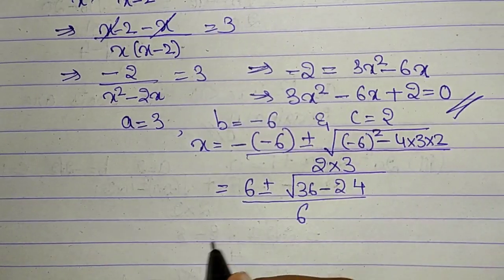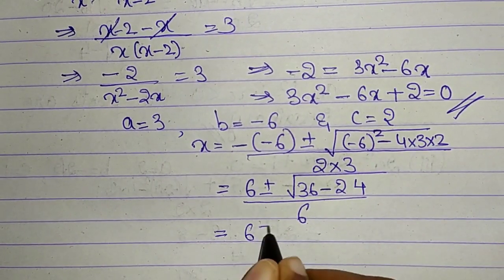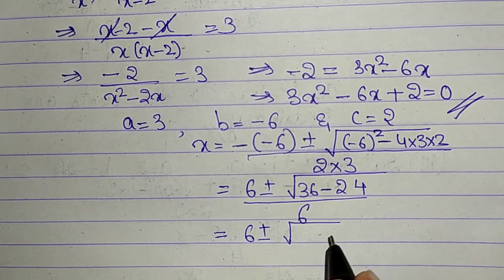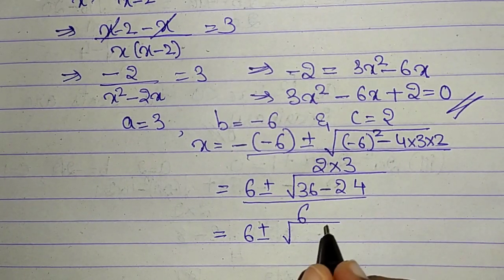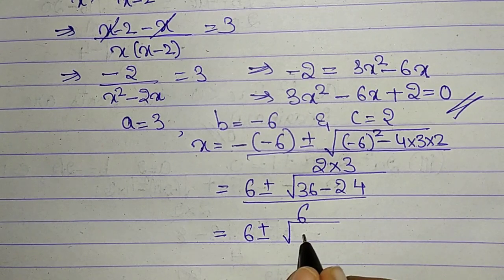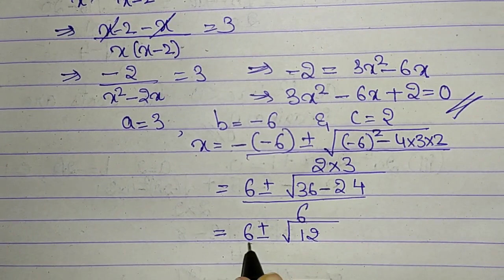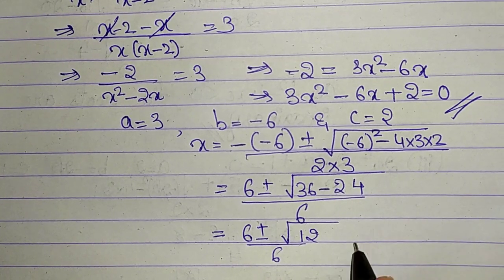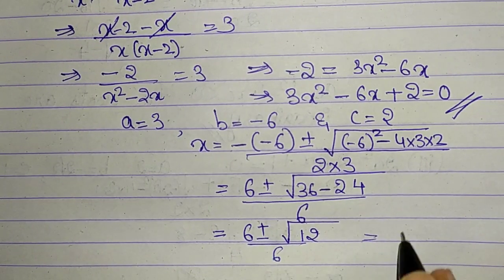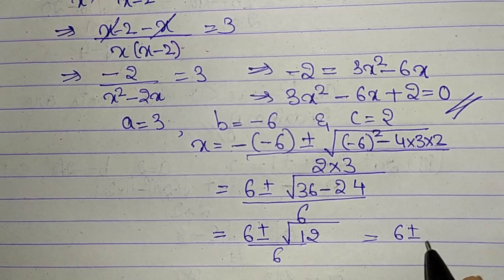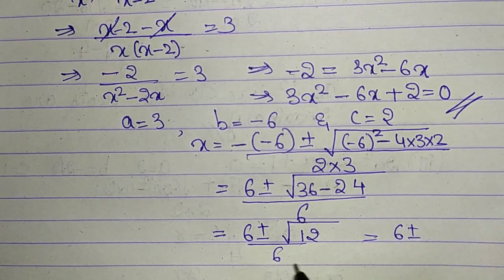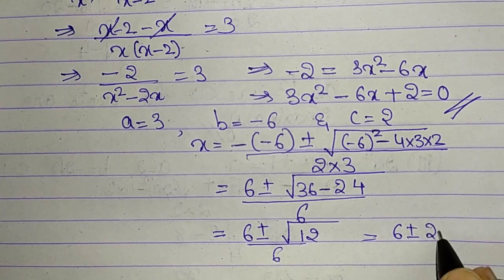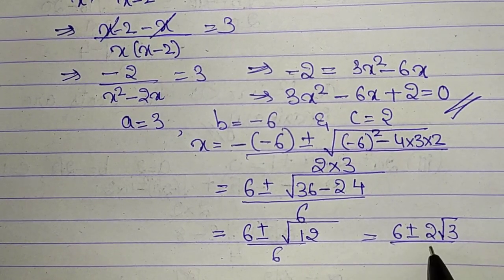Now further simplifying, we get 6 plus or minus under root 36 minus 24 is equal to 12 whole divided by 6. Now root 12 can be simplified to the form which is equal to 6 plus or minus, can be simplified as 4 into 3, so 2 root 3 by 6.